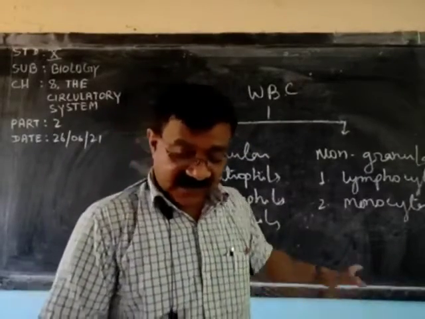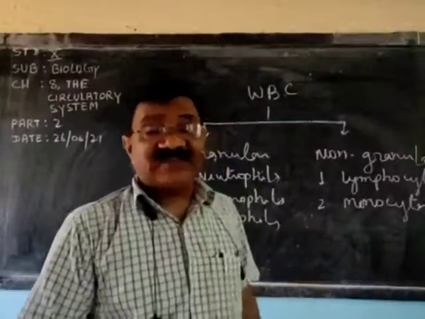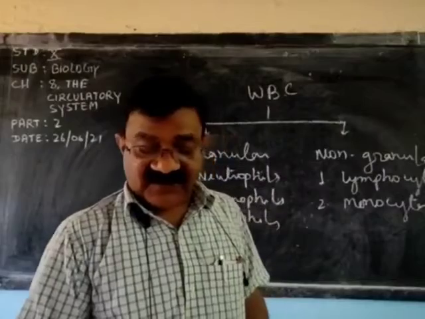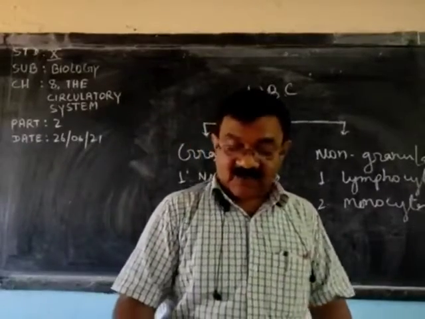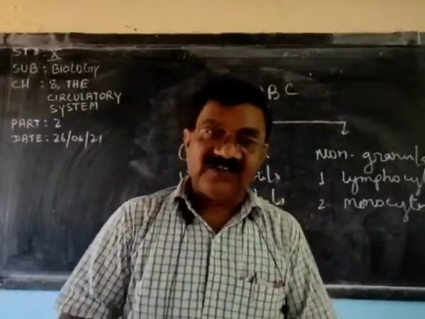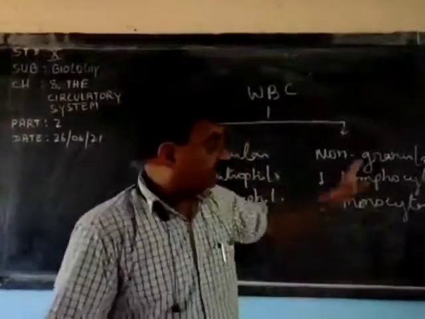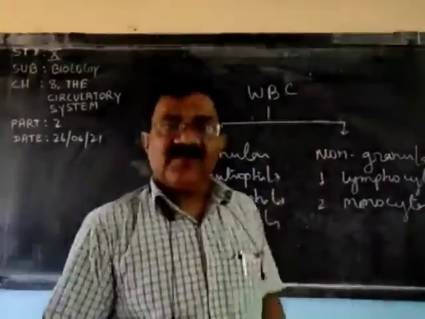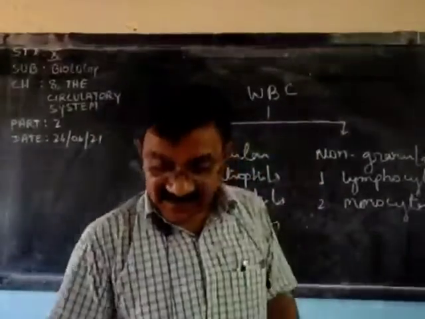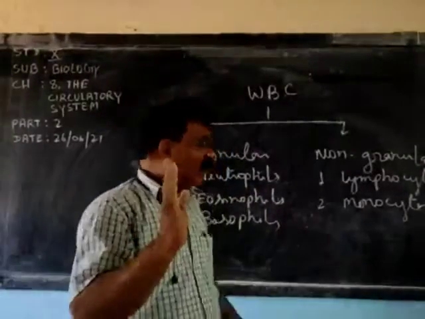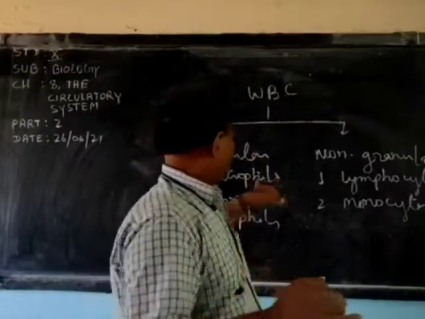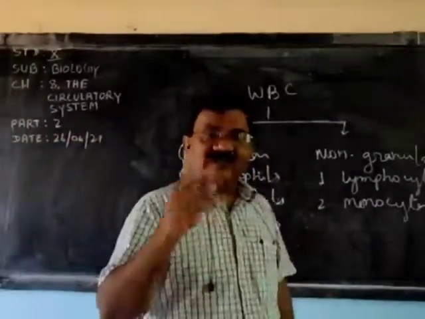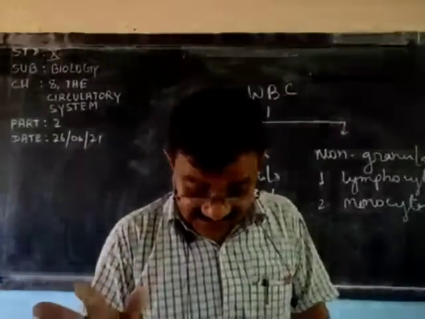And monocyte, the largest WBC, nucleus is kidney shaped, and it is present at the site of infection, transformed into macrophages, and its function is to ingest the germs. So dear children, we have understood the types of WBC. Okay. Now, once more I would like to say that the difference between neutrophil, eosinophil, basophil, lymphocytes, monocytes on the basis of nucleus may be asked.